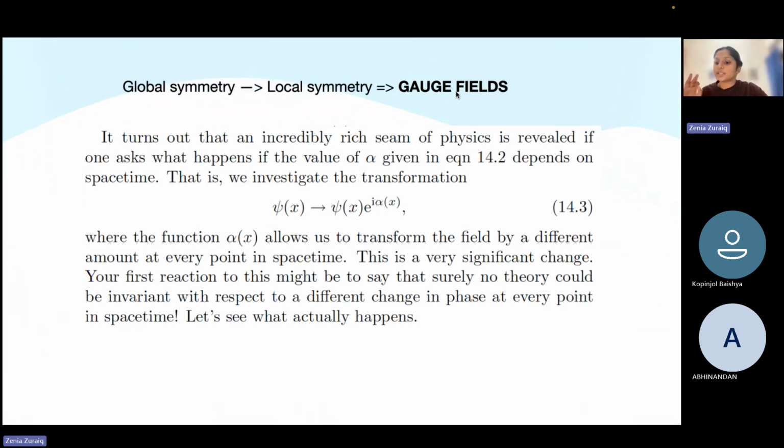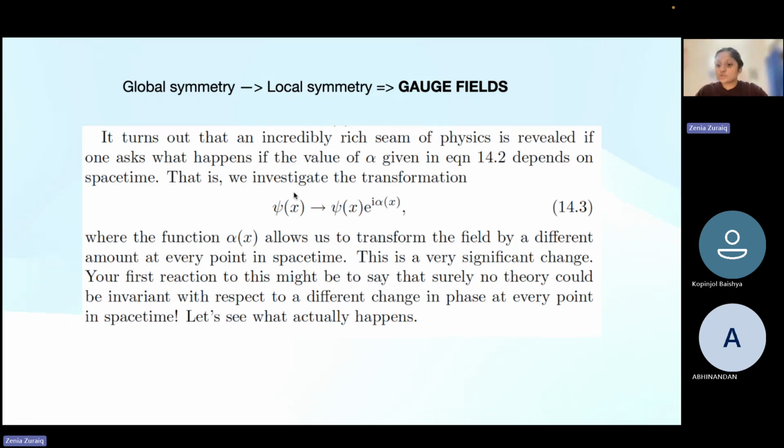We have to use a new mathematical concept, which is four-vectors. Similarly, when you deal with local symmetries, where the symmetry itself is dependent on the coordinate in space and time, you have to use something called a gauge field in order to completely describe that symmetry. So first, let's understand why we need this gauge field in the first place.